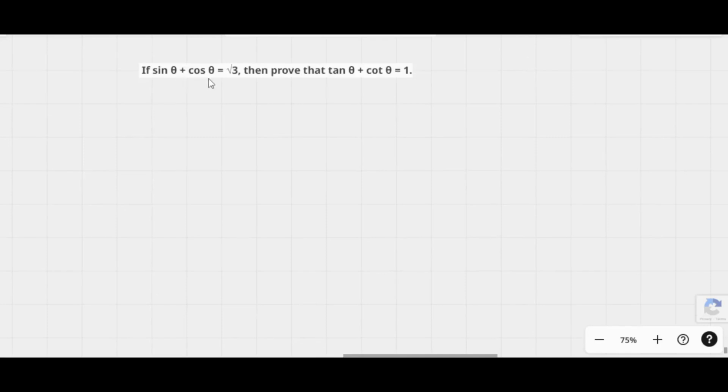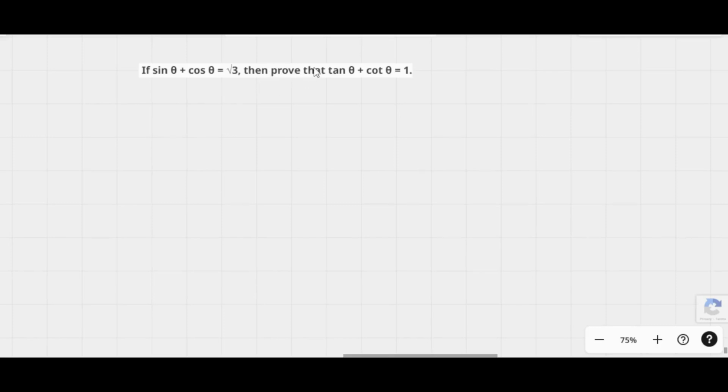If sin theta plus cos theta equals root 3, prove that... I always say whenever you see proofs, always first try to divide with some terms, if there is an option for dividing. See, here you can't divide with any terms because they told that it is equal to root 3. They gave directly a number. So I can't divide with any trigonometric terms here. So what can I do?